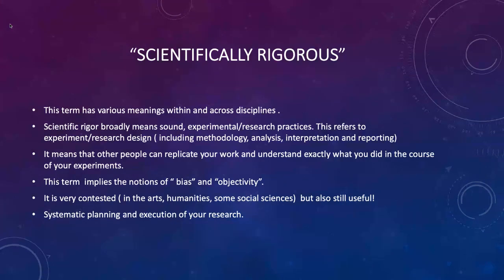Now, the term also implies important concepts such as bias and objectivity. And this is where the natural sciences and the humanities, the social sciences, and the arts might disagree.